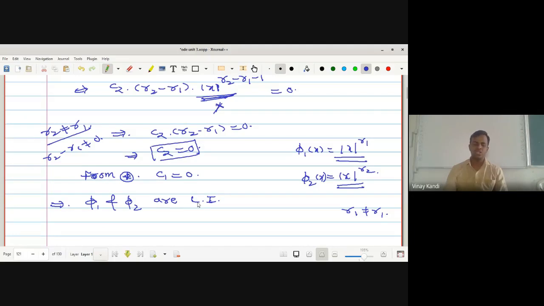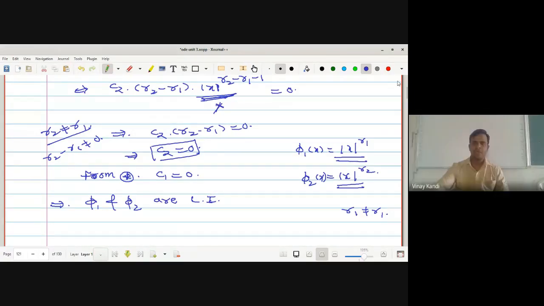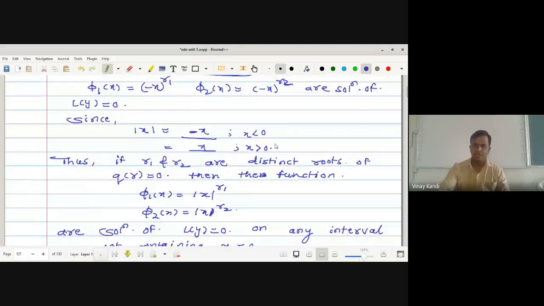So hence phi 1 and phi 2 are linearly independent. Any doubt up to here? No sir. Okay, we did this in part 1 and part 2.